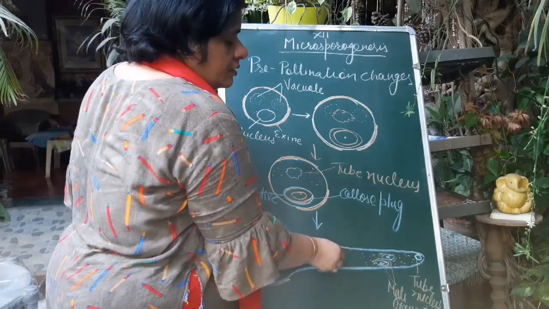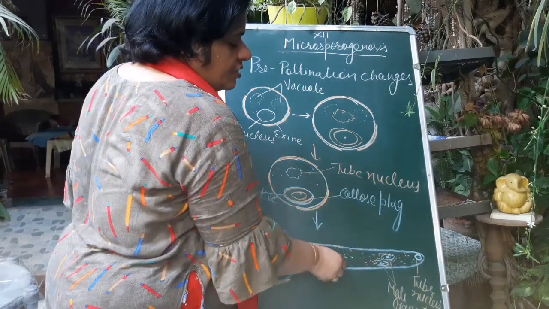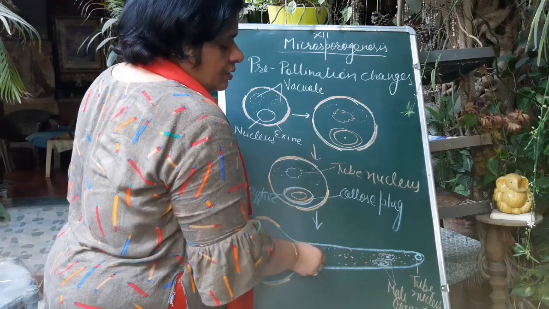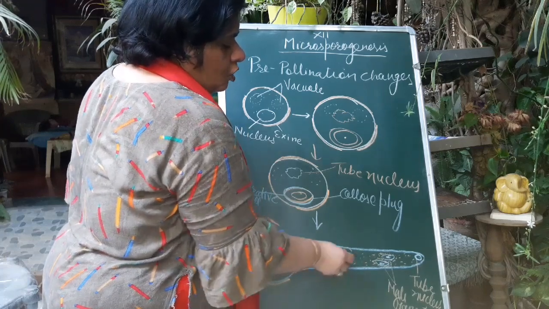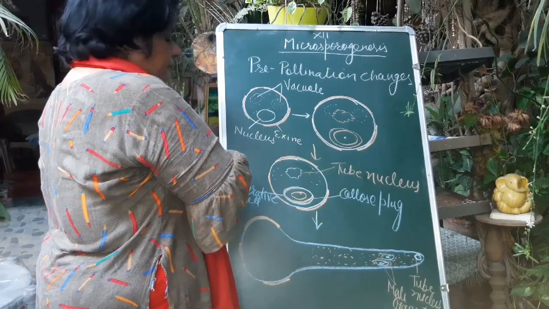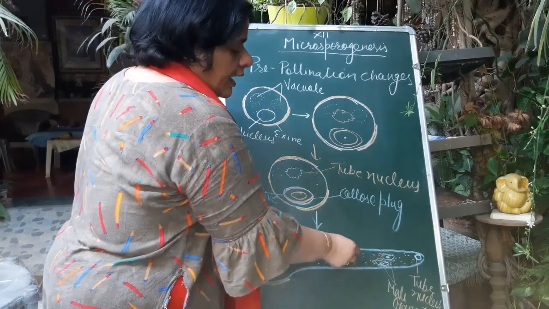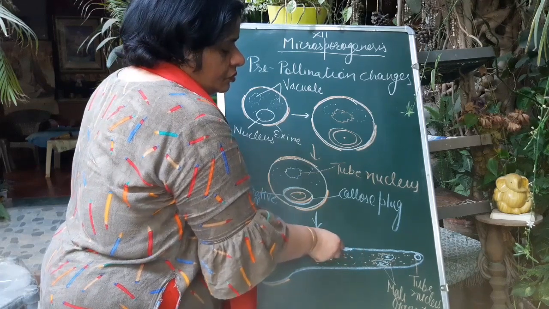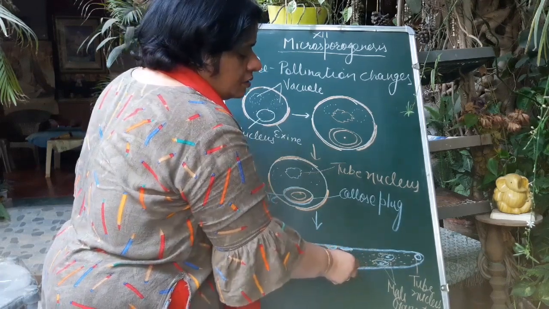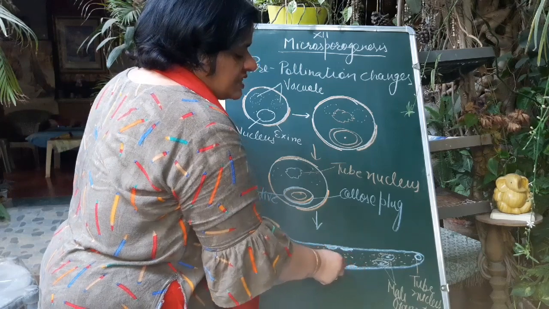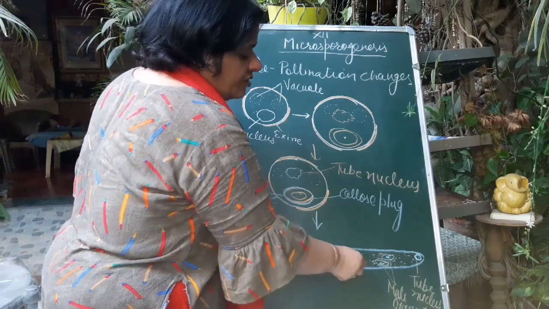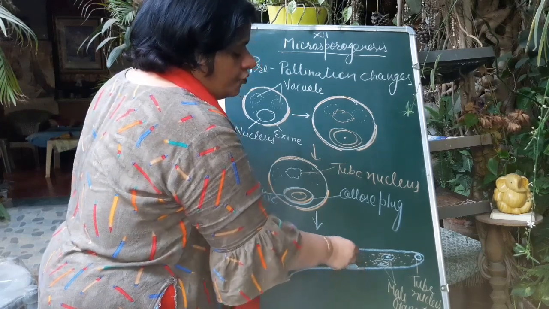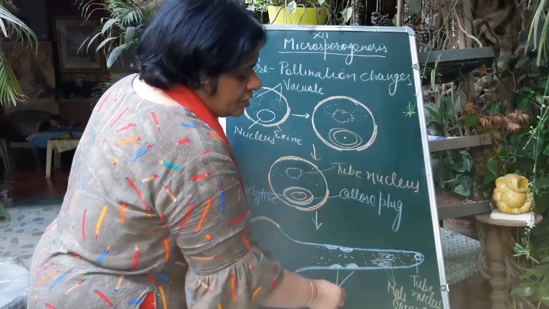Here is present vacuolated cytoplasm, that is having high vacuoles, and at places callose plugs are present. These are the callose plugs which separate the old cytoplasm, that is inactive cytoplasm, from the young cytoplasm.